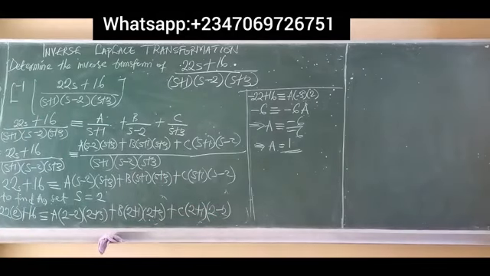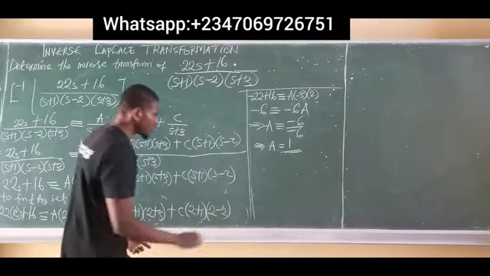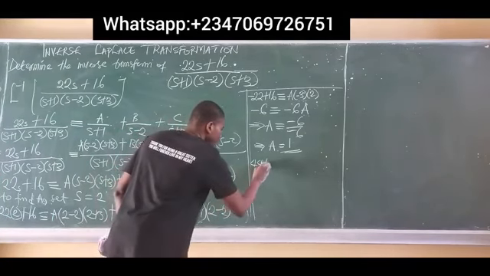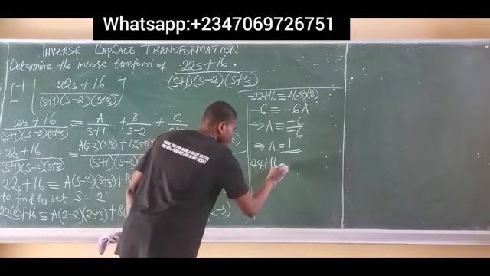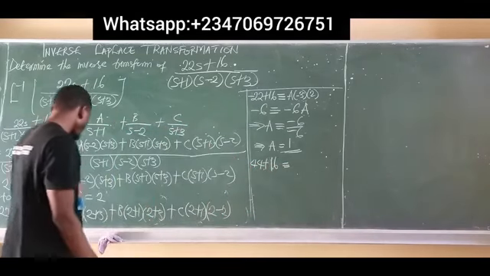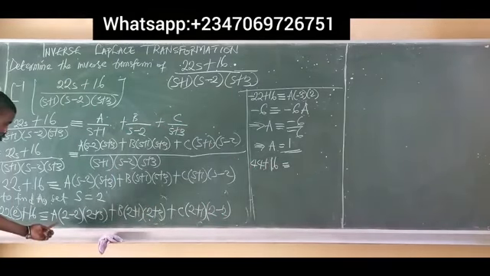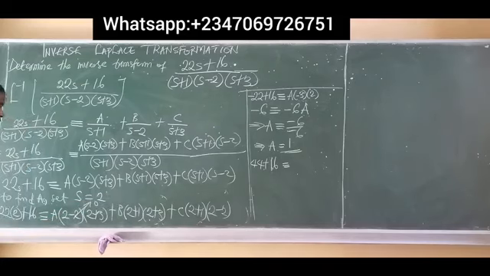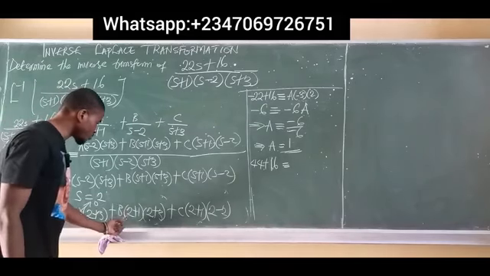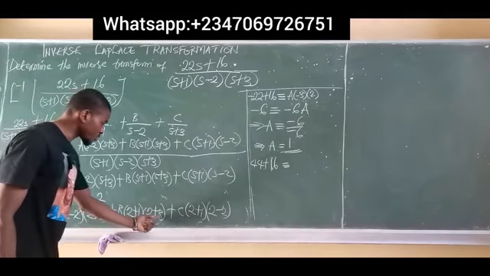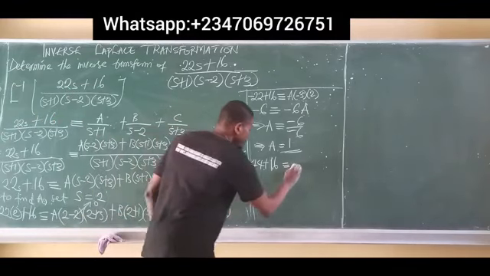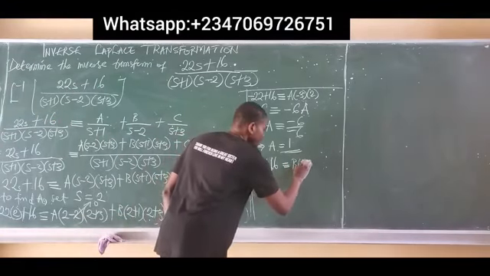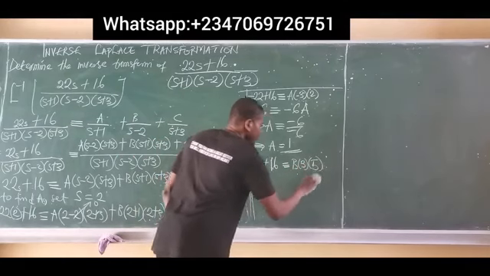Alright, so I have now 22 times 2, which is 44. So this gives me 44 plus 16, which is now equivalent to, now observe from here, 2 minus 2 is 0. Therefore, 0 times a times everything here becomes automatically 0. So this is nullified. I have now b into 2 plus 1, which is 3, and 2 plus 3 here is 5. So I have b into 3 times 5.